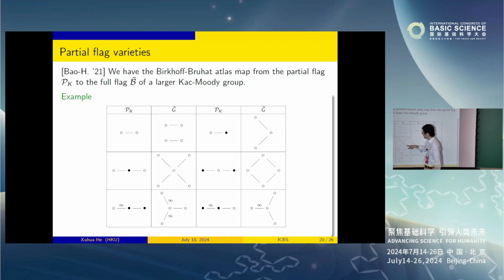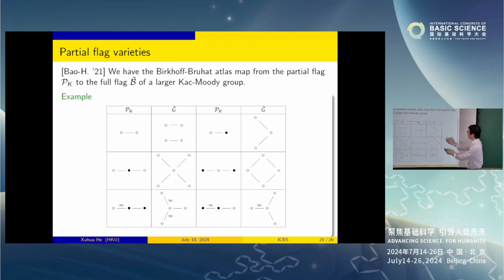What we get is affine D4, and this corresponds to the Grassmannian, and then this corresponds to the diamond, and we have some different complicated ones.